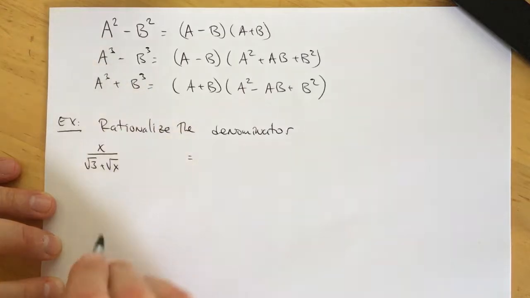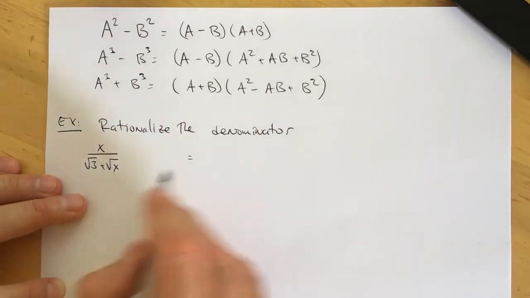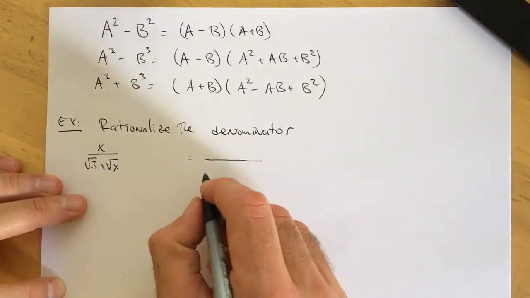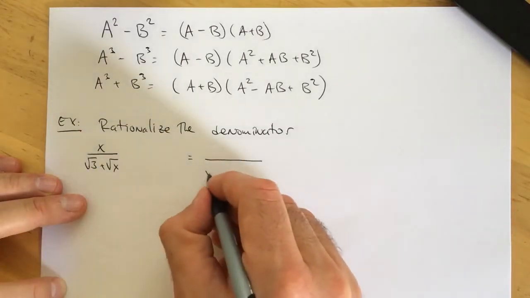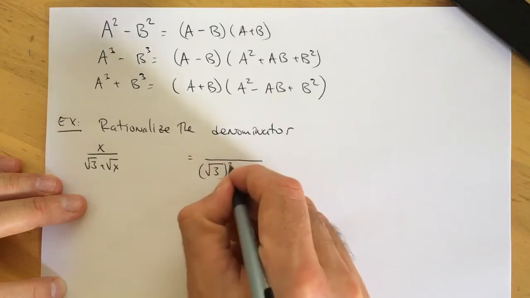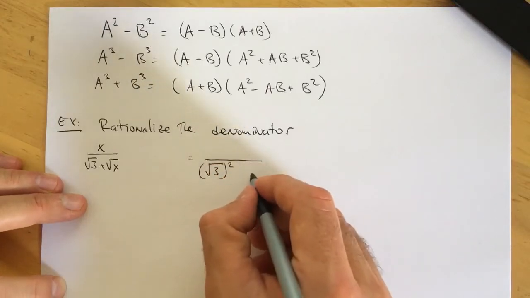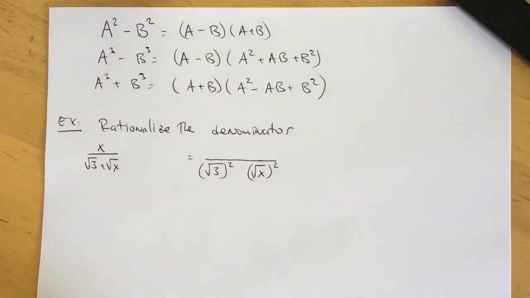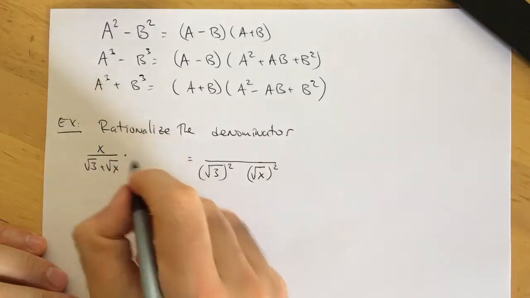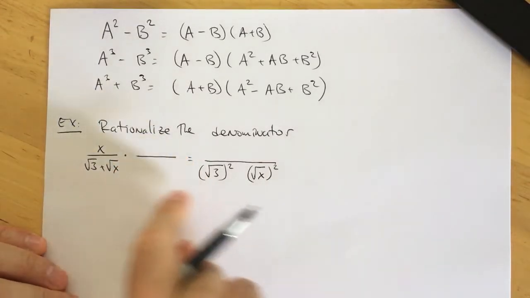I want to get an expression here that will get rid of both of these roots, right? So basically I want something like square root of 3 squared, and here square root of x squared. Now how do we arrive at this point? With what do I need to multiply this expression in order to get from here to here?